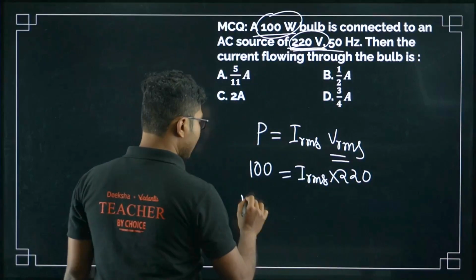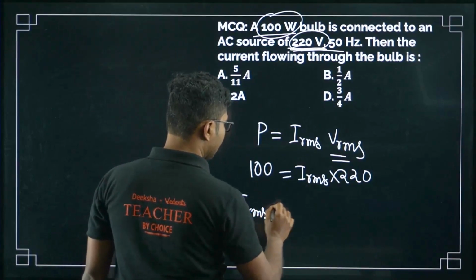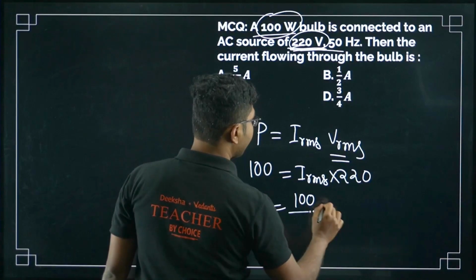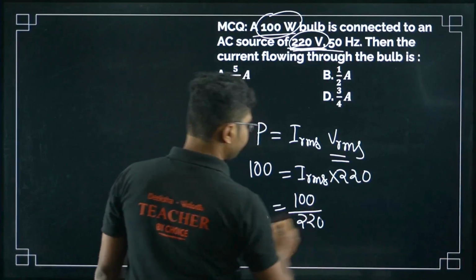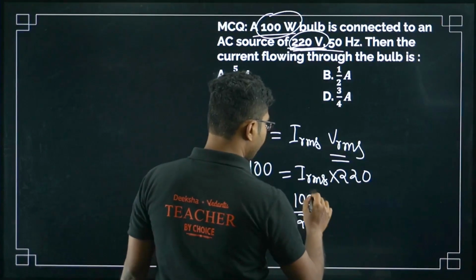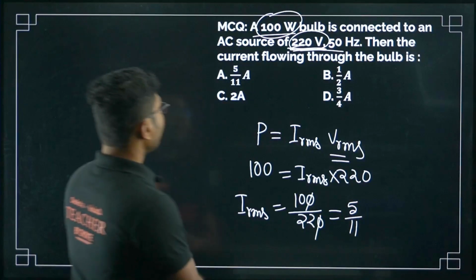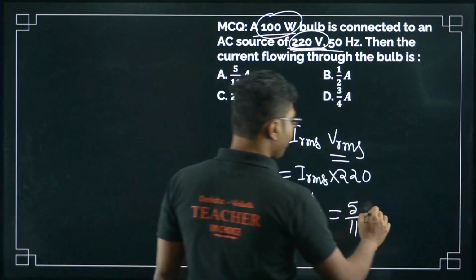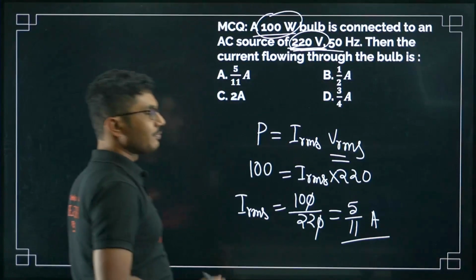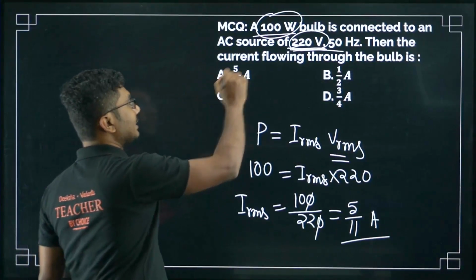So IRMS is basically equal to 100 divided by 220. So it will be 10 by 22, or 5 by 11. So 5 by 11 ampere is the current that is passing through this bulb. So the correct answer is option A.